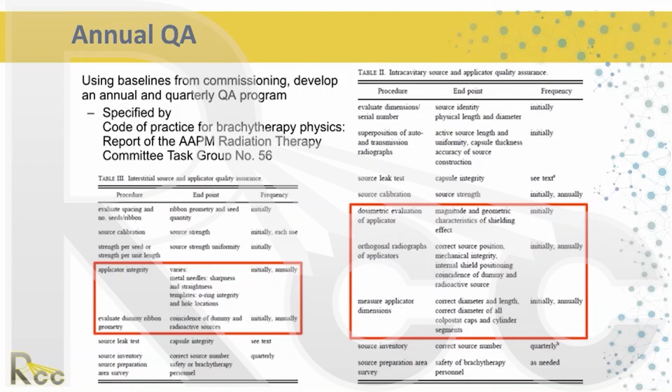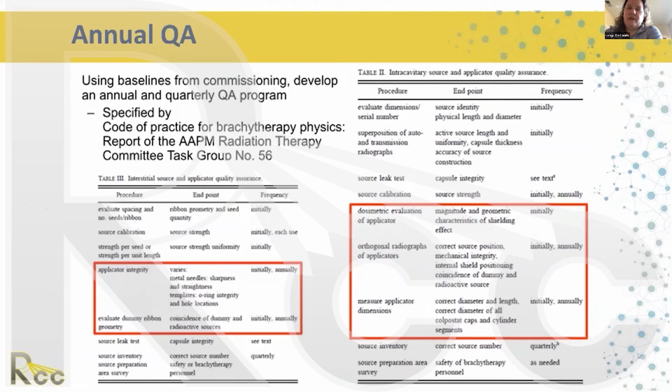Annual, when we're commissioning the system, we're taking baseline. As Adam said, especially for the overall length of the system, there is some tolerance in there, but what's important is that things stay constant over time. When we develop an annual and quarterly QA program, I use the Code of Practice for Brachytherapy Physics from AAPM Task Group 56.